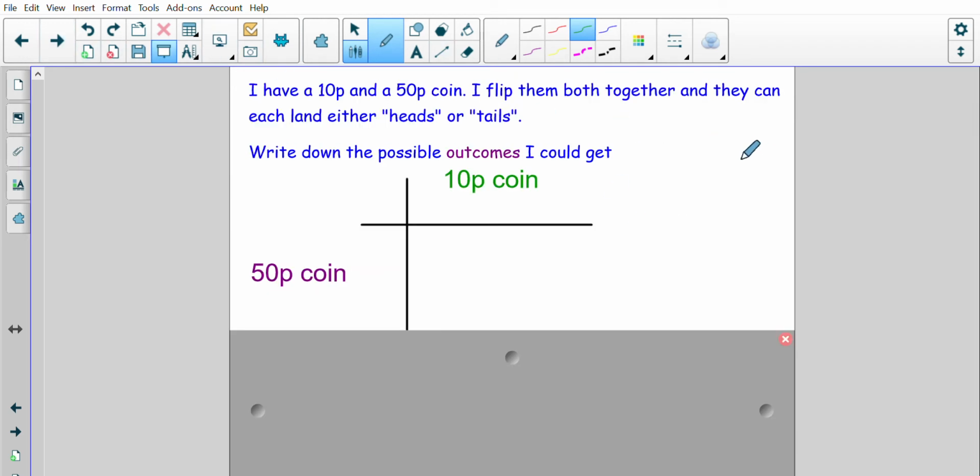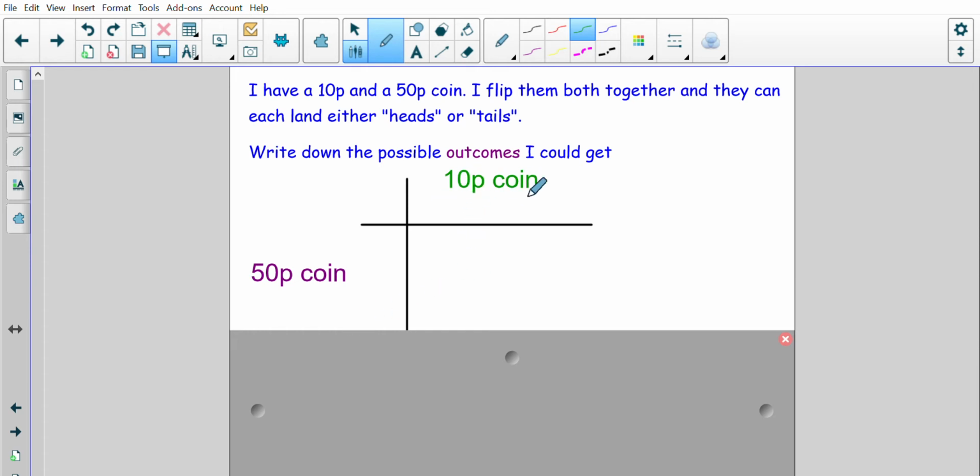So if we have a look here, if we've got a 10p coin and a 50p coin and we flip them together, that's two events because I'm flipping two coins. And either coin can land on heads or tails. So if I want to know all the different possible outcomes, I can record that systematically in a table.